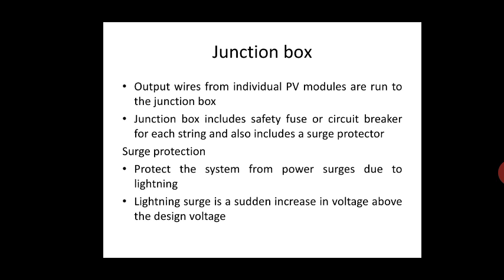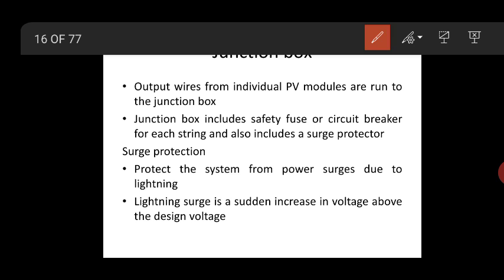So the junction box is a box where you can see that this is a solar PV module, and we are feeding it to the junction box, and we are going for earthing there. So this is what we have studied.